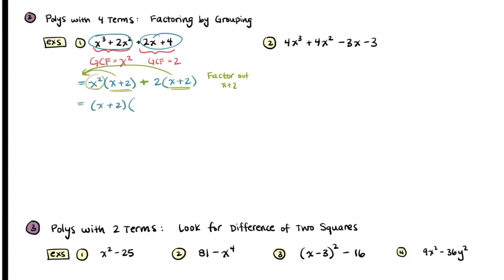So we have x squared and then 2. So this will be x squared plus 2. And there it is factored. X plus 2 can't factor further, x squared plus 2 can't factor further, and so this is its fully factored form.